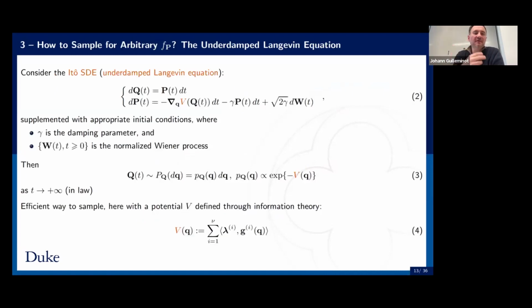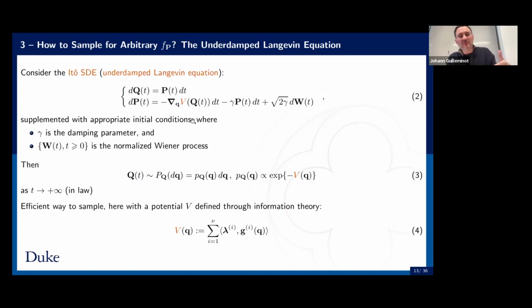The third ingredient that I'd like to use is a sampling technique that is called the Ito stochastic differential equation, or in mathematics, a Langevin equation. And this is essentially, if you remember your undergrad ODE class, an ODE that has on top of it a driving stochastic source, which is coming from this Wiener process, the Brownian motion.